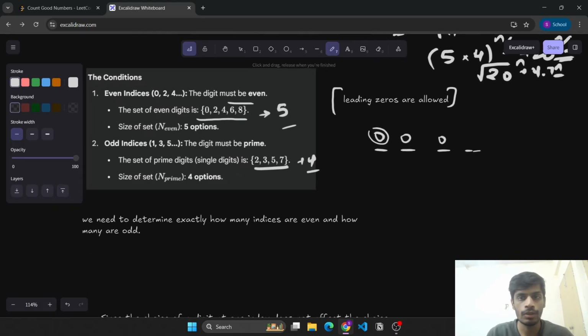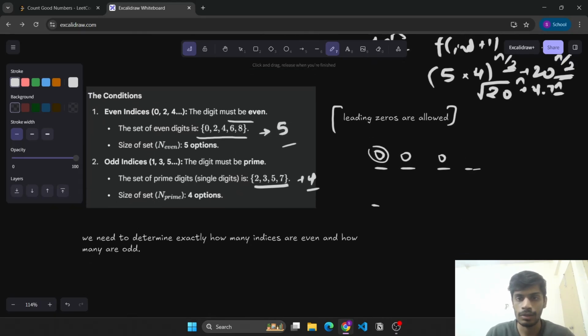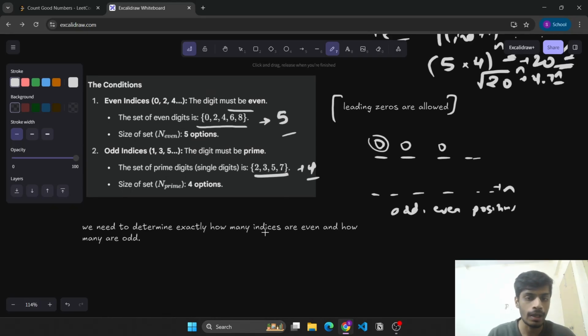Now we need to determine, in a string of length n, how many odd and how many even positions there are. We need to determine exactly how many indices are even and how many are odd. For example, if n is even, then the even indices are n by 2 and the odd indices are also n by 2.